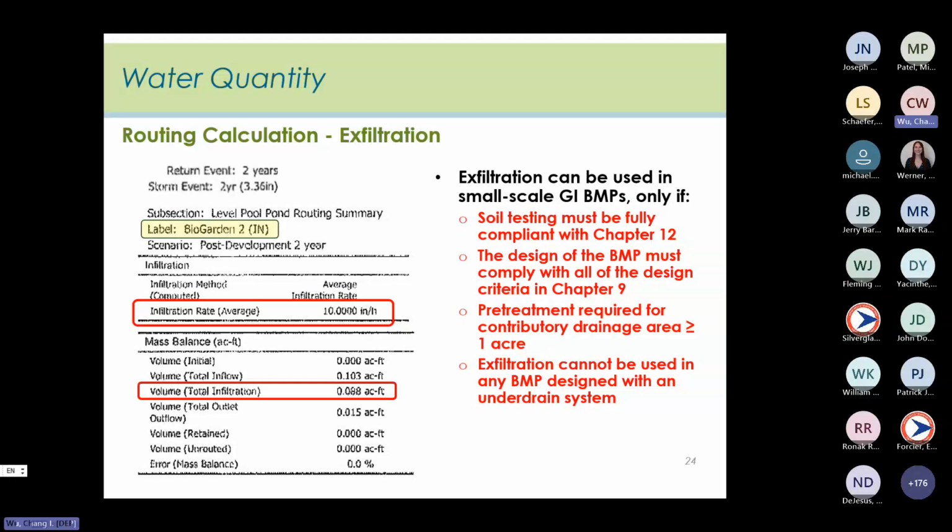As biogarden number 2 has contributory drainage area of 0.78 acres, it does not need pre-treatment. And biogarden number 2 infiltrates runoff into the subsoil. Therefore, the use of exfiltration in biogarden number 2 seems proper.